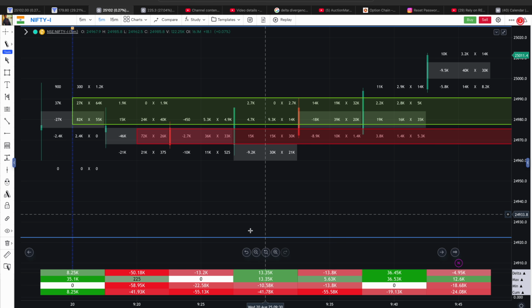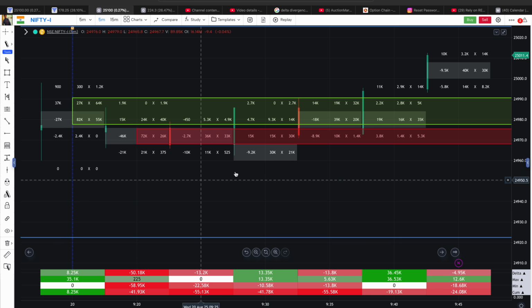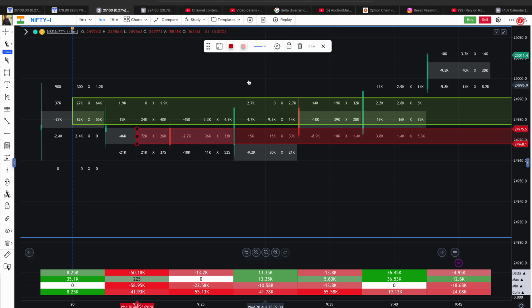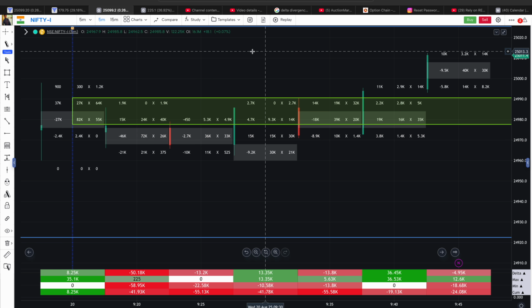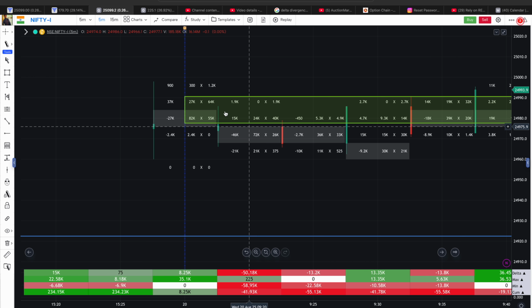How did it get broken? Because we had limit buyers in this particular region. That's the reason this particular region did not sustain. If it did not sustain, we will delete this particular zone. So why did we mark this particular green area?